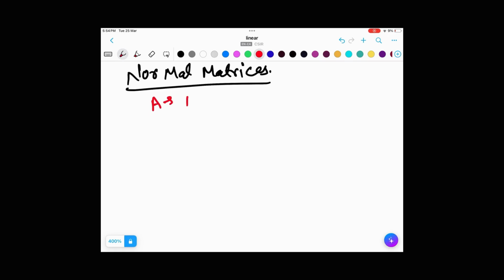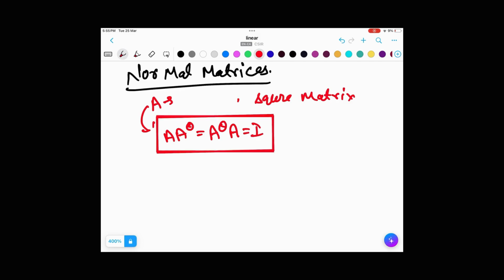Let A be a square matrix. Then A is normal if A into A theta equals A theta into A. Then it is said to be a normal matrix.